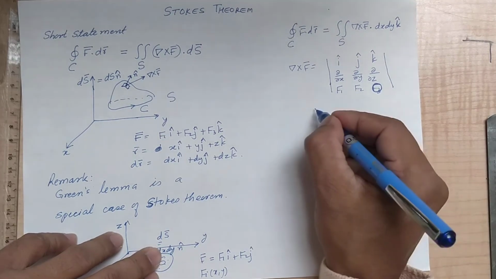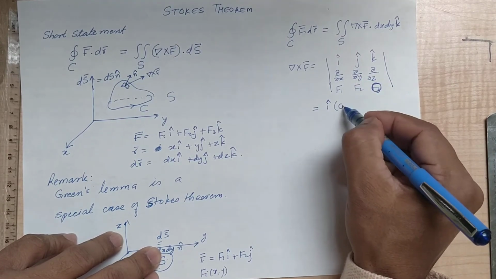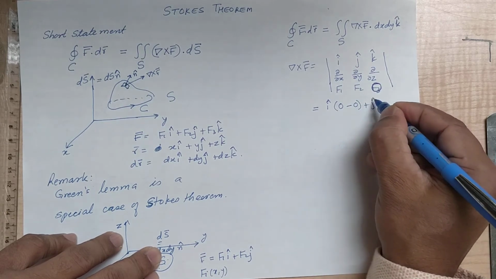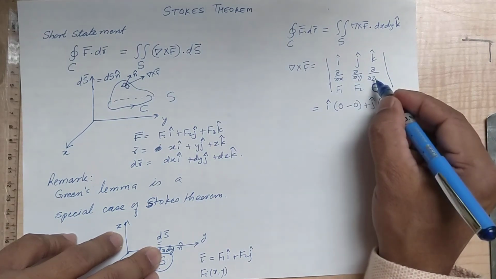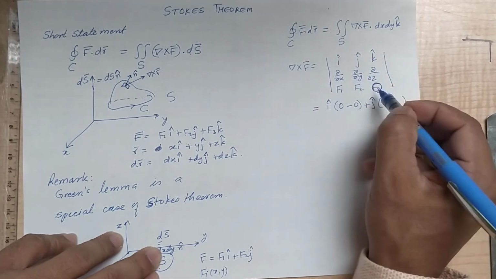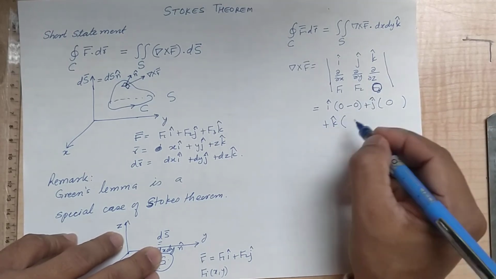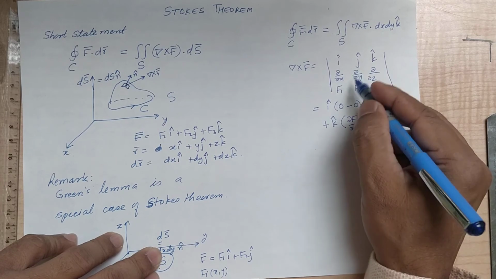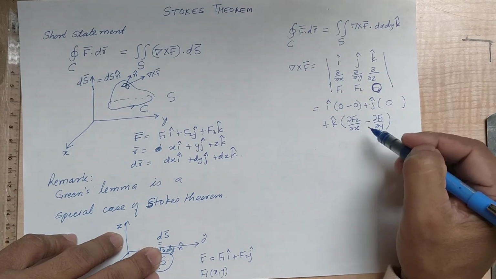I wish to evaluate this. This is equal to i times the partial derivative of 0 with respect to y, 0, minus the partial derivative of F2 with respect to z, there is no z here, 0, plus j times the partial derivative of F1 with respect to z, there is no z here, minus the partial derivative of 0 with respect to x. So that's again 0, plus k times the partial of F2 with respect to x minus the partial of F1 with respect to y. All right. So I take this and put it in this.